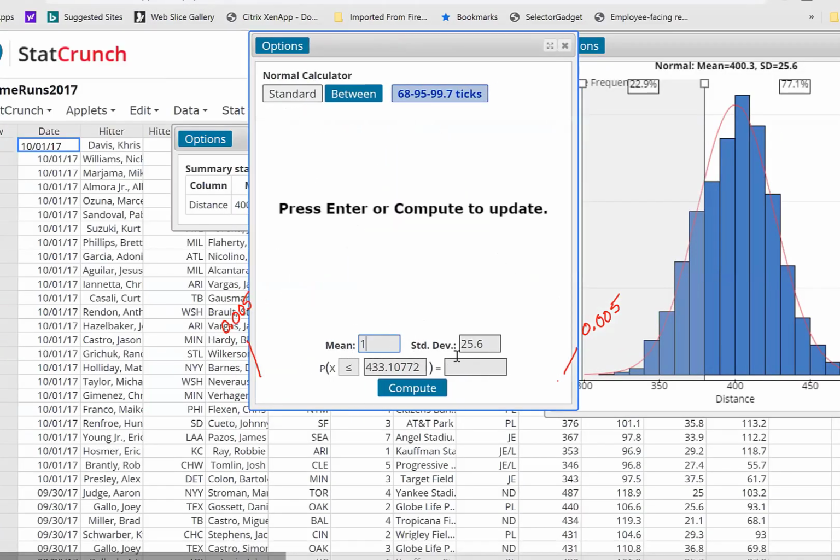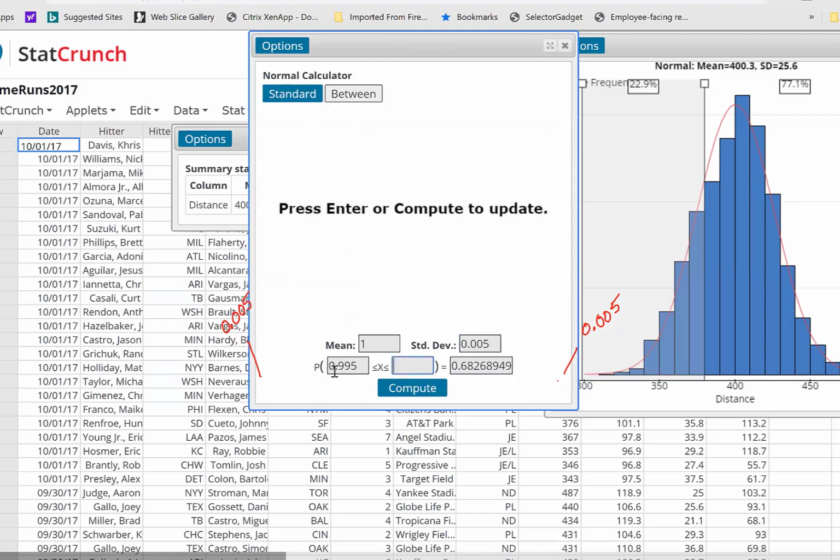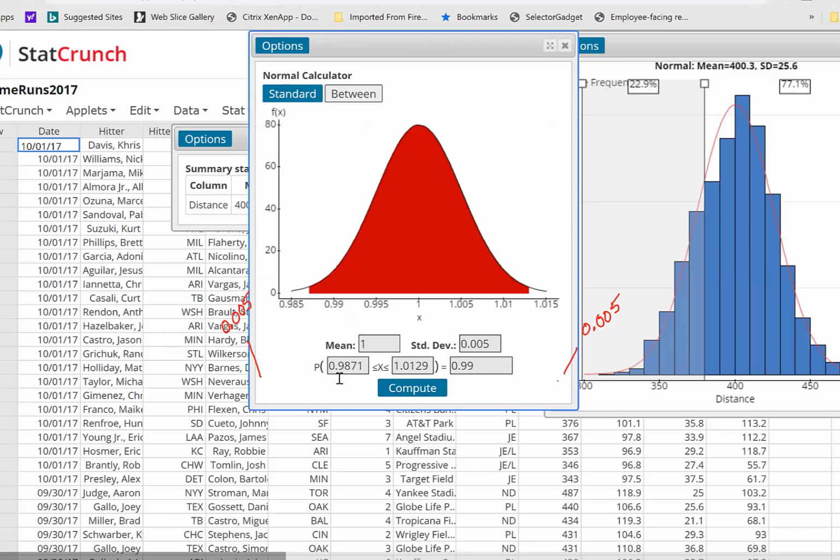Our mean is 1. Our standard deviation, what was it, 0.005? And I think this works. If I click between and then leave these two boxes blank and just put in 0.99 here, like that, when I click compute, bada bing, it gives me those two values.